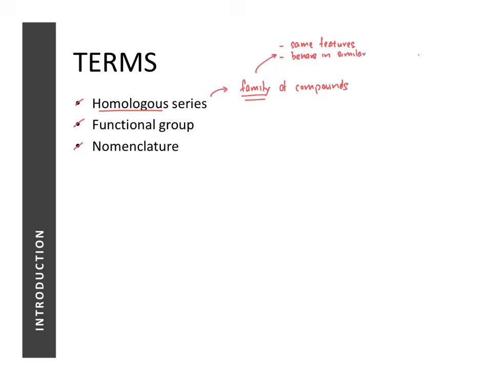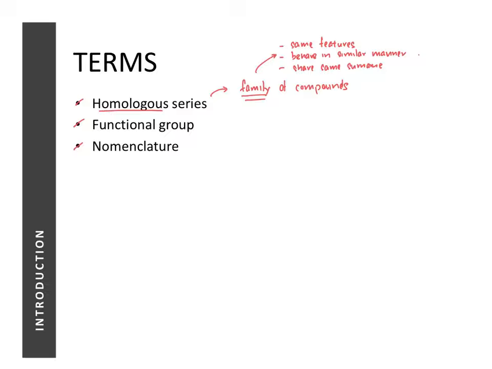So these are the two things I want you to keep in mind: members of a family have the same features and behave in a similar manner, and of course the one thing common to all of them is that they share the same surname. Now we are going to map two of these three characteristics into chemistry.